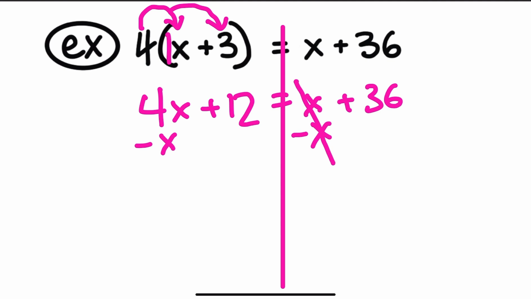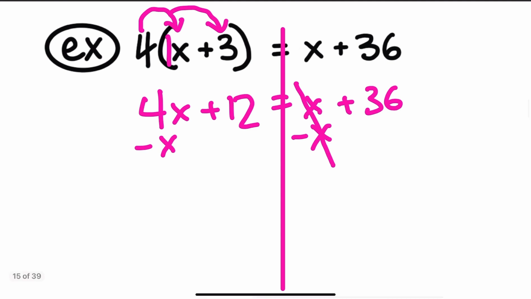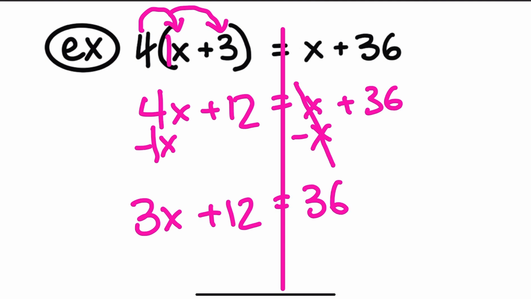And now I have 4x minus x. Again, if you don't see a number in front of your variable, just put a 1 in there. I have 4 minus 1, that's going to give me 3x. All of the other pieces that I have not used yet are all going to come down into my new problem.